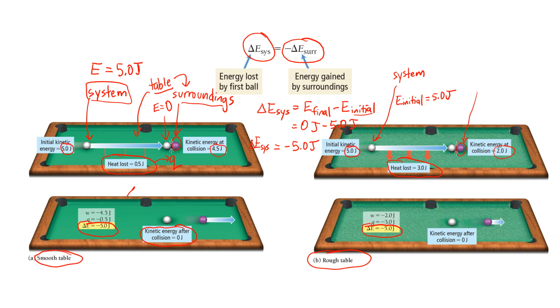It was different in each case. That is all path dependent information, but the change in internal energy for both situations was the same. And if the change of internal energy isn't path dependent, then it is a state function. Okay, so again, we're just recapping on what we talked about last time. Hopefully this makes sense.